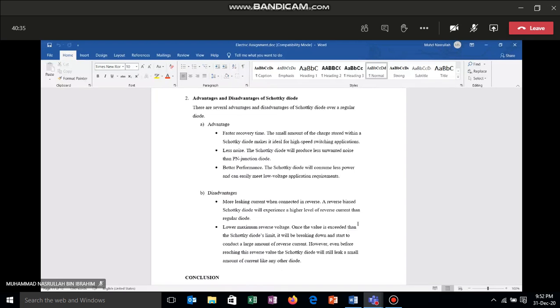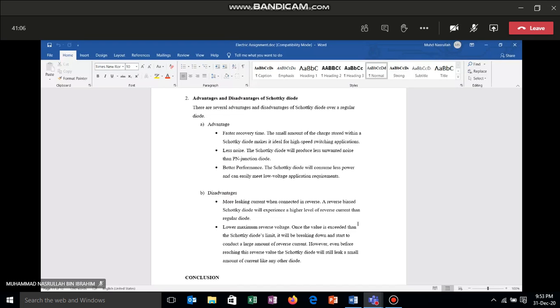The small amount of charge stored within a Schottky diode makes it ideal for high-speed switching application. Then, less noise. The Schottky diode will produce less unwanted noise than PN junction diode. Then, better performance. The Schottky diode will consume less power and can easily meet low voltage application requirement.